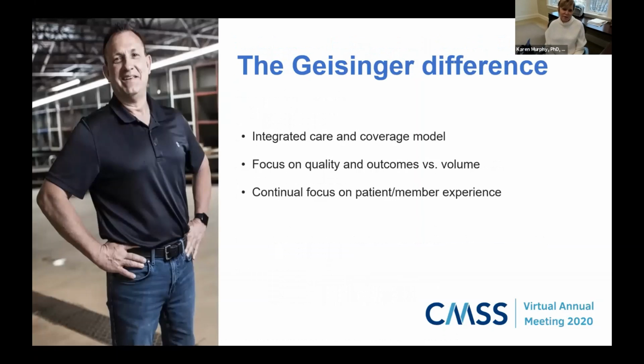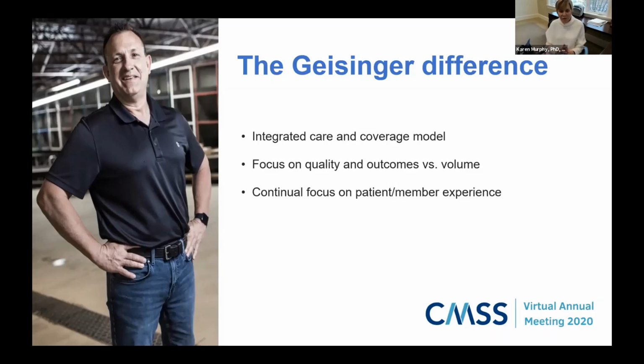So we'd like to talk about the Geisinger difference in that it is integrated care and coverage. One of the advantages of having a health plan that's within the enterprise of Geisinger is that it allows us to really match the care and coverage model.